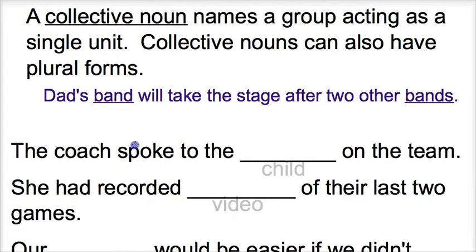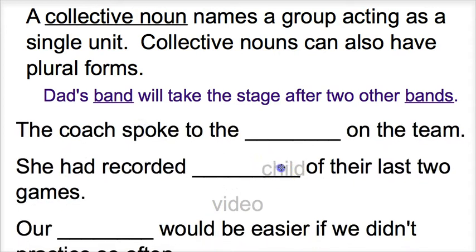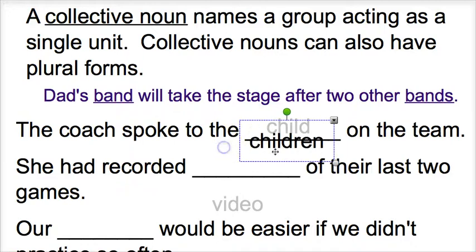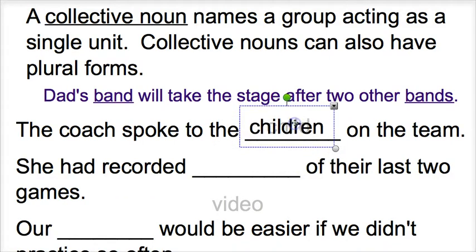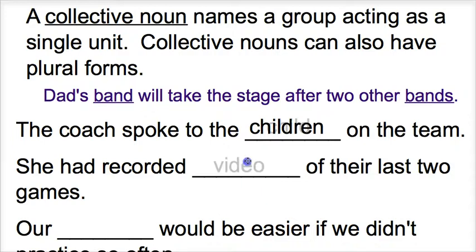If we look at this first one here, the coach spoke to the child on the team. How would we make this word plural? We would make child into children. She had recorded videos of their last 2 games.